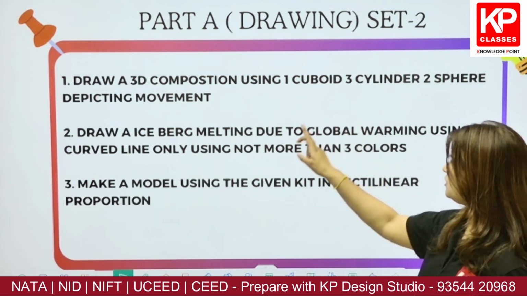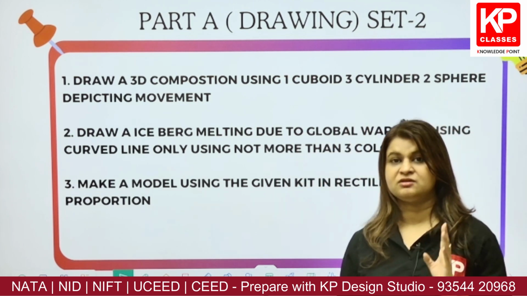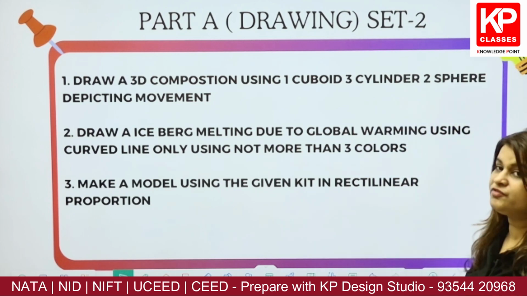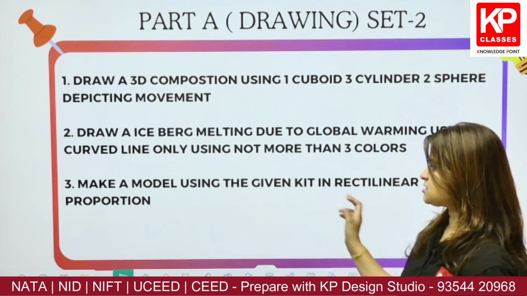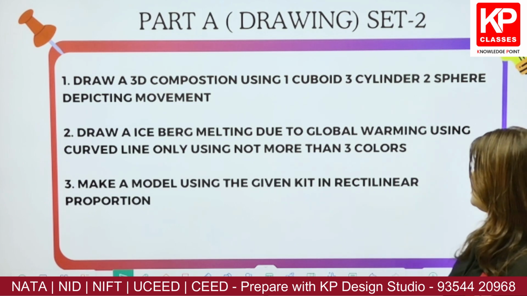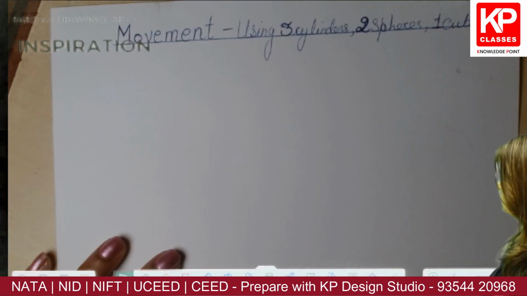Again the limitation in terms of colors has been given, but here they have not mentioned which color needs to be used, they have just given the limitation of 3 colors. Last, of course, is make a model using the given kit in rectilinear proportion. So we will again see.